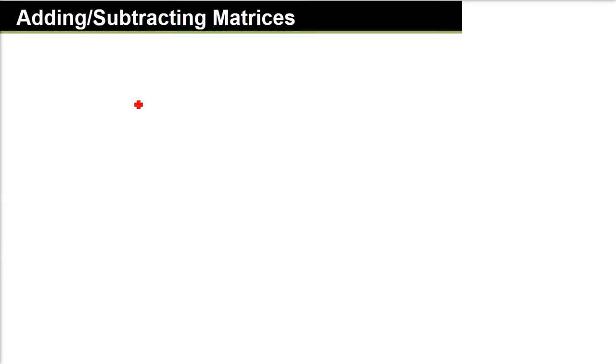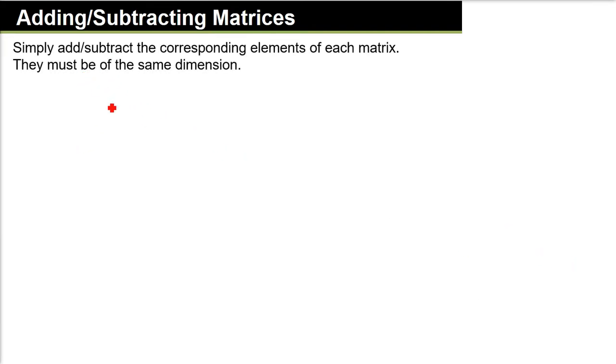Addition and subtraction of matrices. The way we add two numbers, in matrices also we add and subtract two matrices or multiple matrices. How do we do this? Simply add or subtract the corresponding elements of the two matrices. But the one thing you have to keep in mind when doing this addition and subtraction is that the dimensions need to be the same.